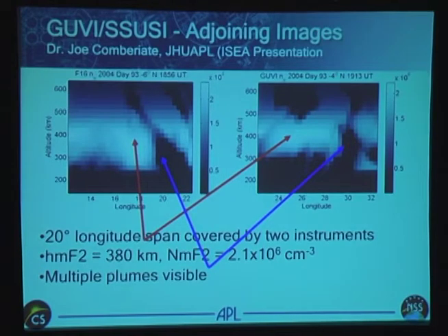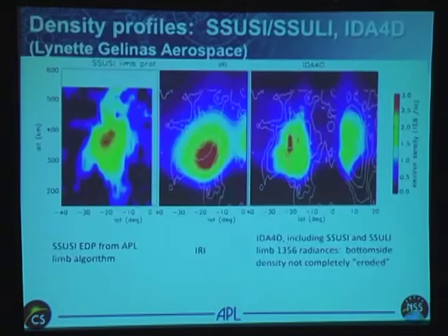Of course, there's a lot more to the time evolution, but this shows a case of using 1356 limb scans and looking at smaller-scale structures and equatorial bubbles, and the role that goes all the way through to forming small-scale structures that can interrupt communications and navigation. So that's an application of tomography.